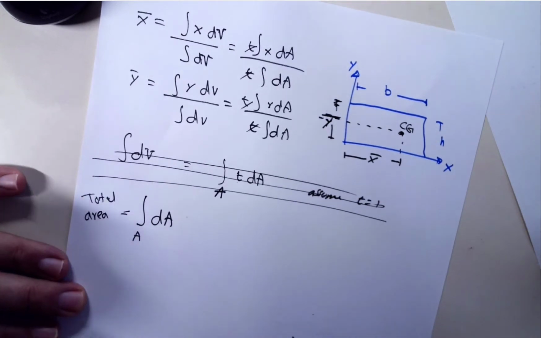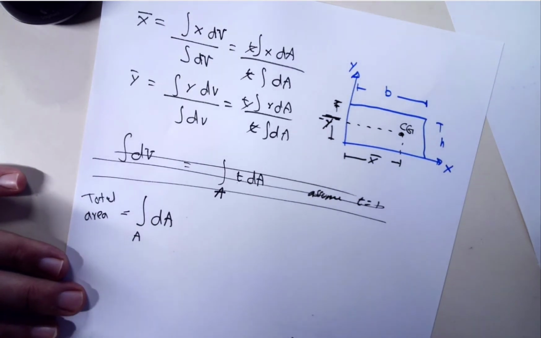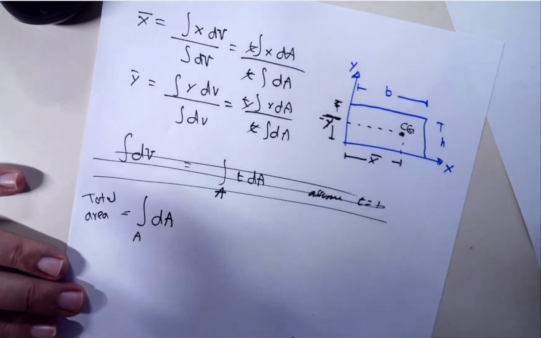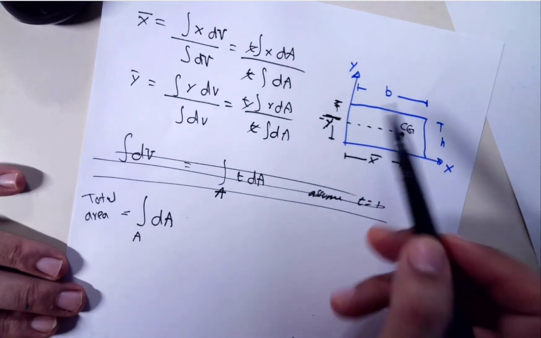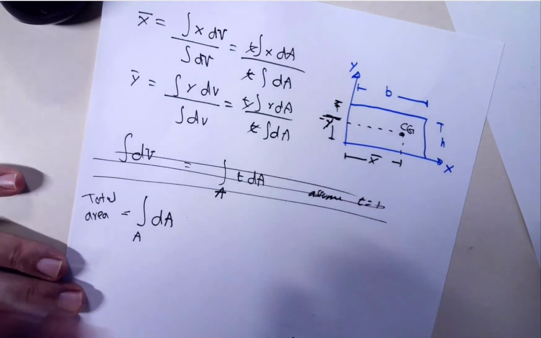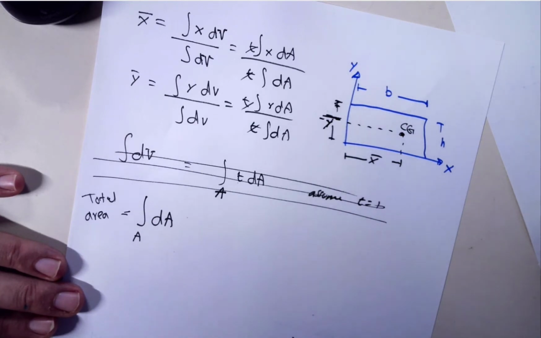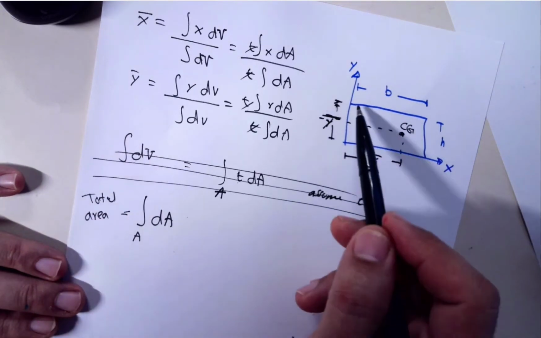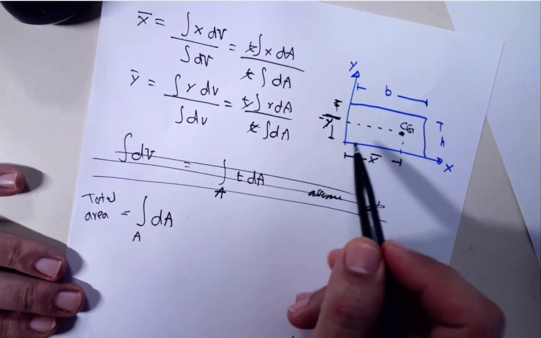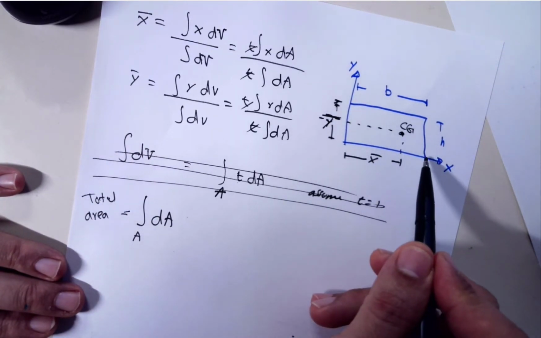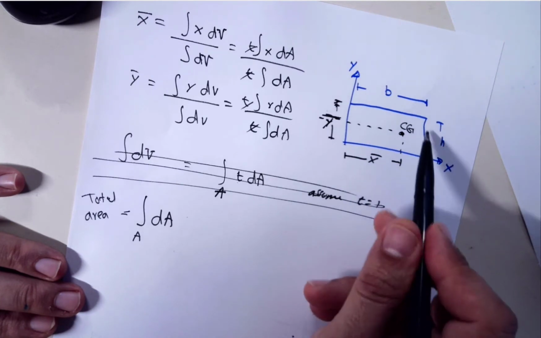This means find the total area. Now I understand the total area is B multiplied by H, but let's do it in the calculus way. So how do we do it? Well, it's up to you how you calculate the area of a function. So we have a function bounded from 0 to B and has height h, right?